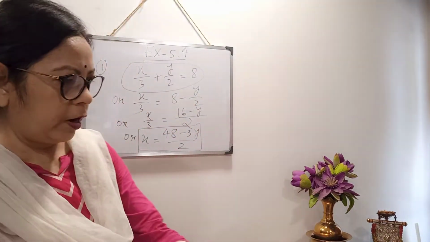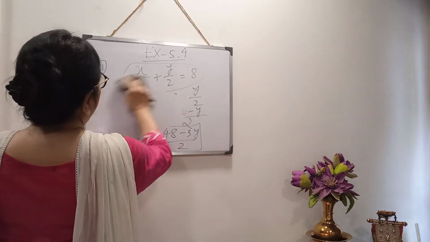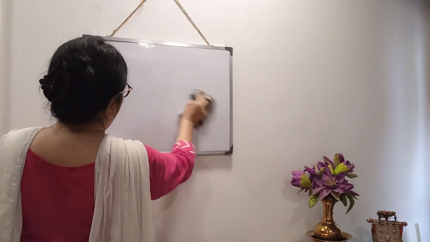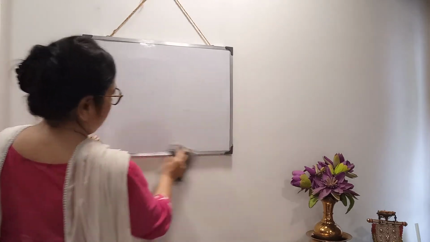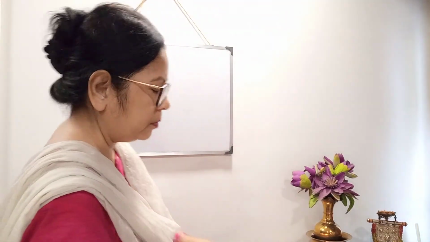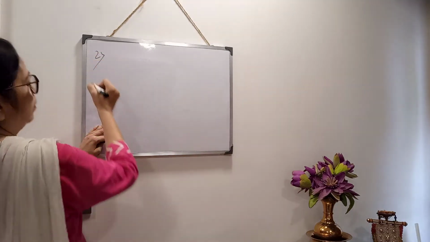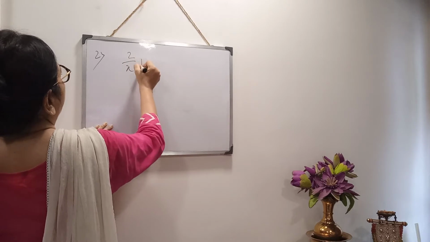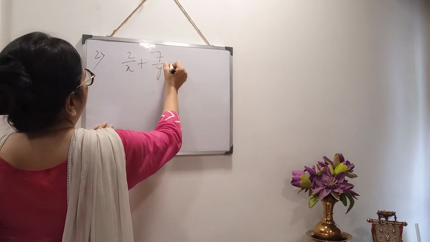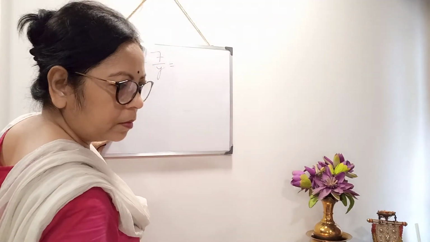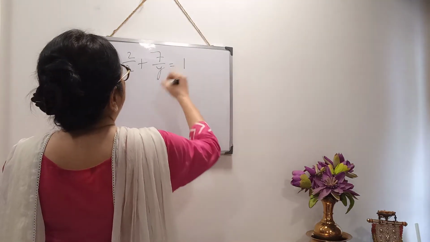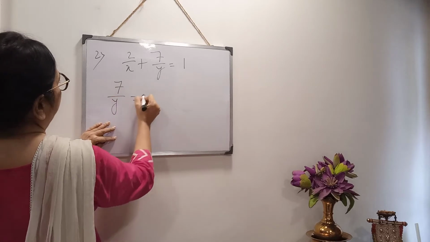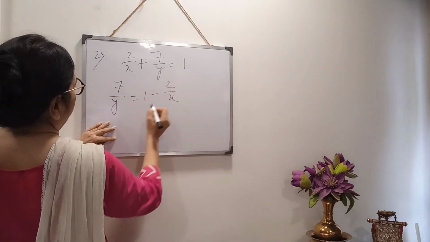That means we have expressed x in terms of y. Clear? Similarly, number 2, from the second equation, we have to express y in terms of x. So what to express in terms of other, that part you will keep in left hand side. 1 minus 2 by x.